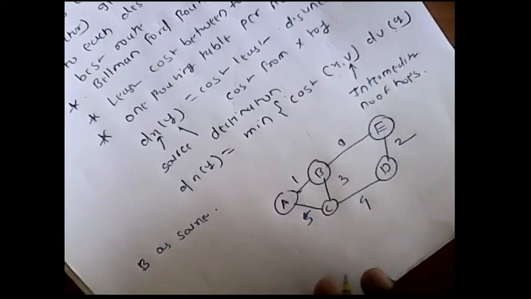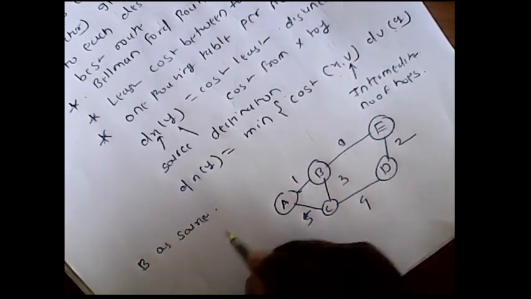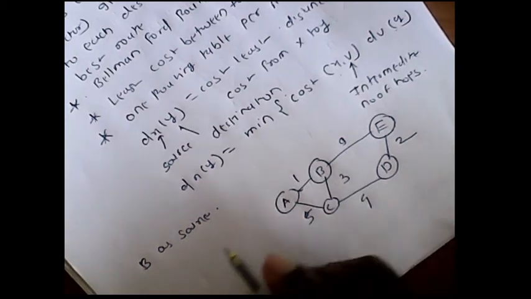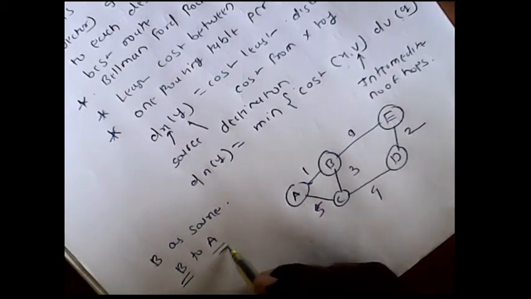Suppose B is the source and A is the destination. We travel to find the shortest path by using the distance routing algorithm from B to A.